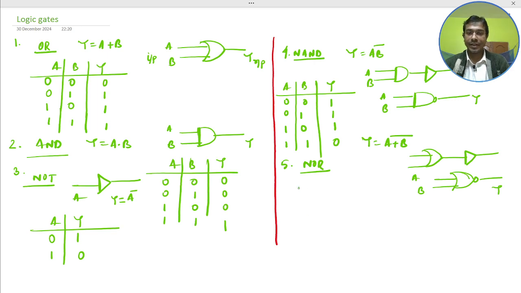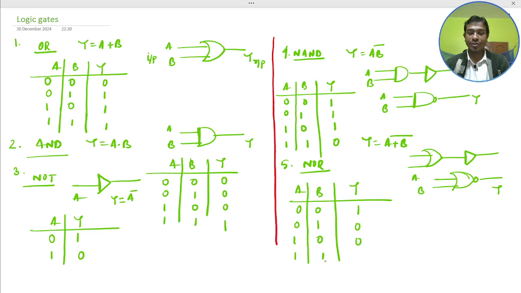In the truth table, with A B inputs and output Y, the NOR operation gives 0 0 1, 0 1 0, 1 0 0, 1 1 0. This is the NOR operation.